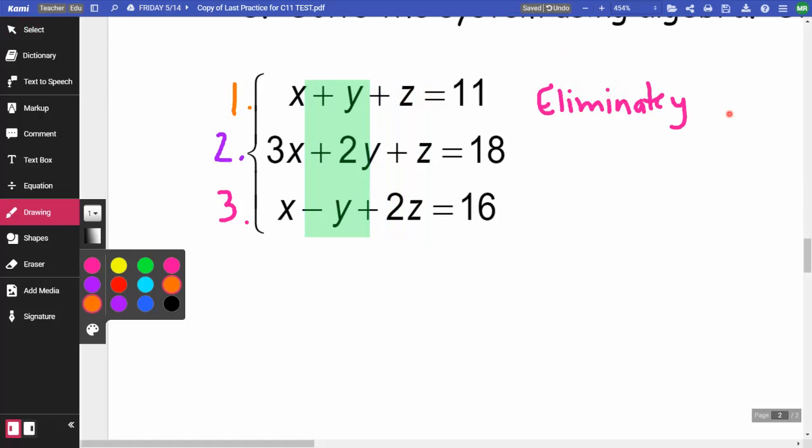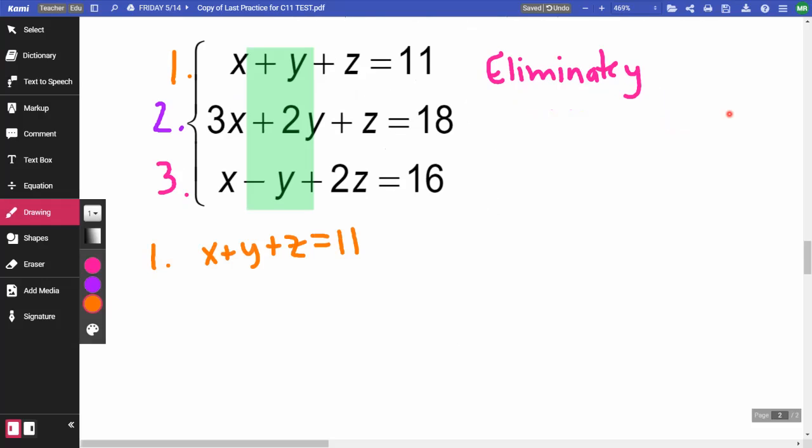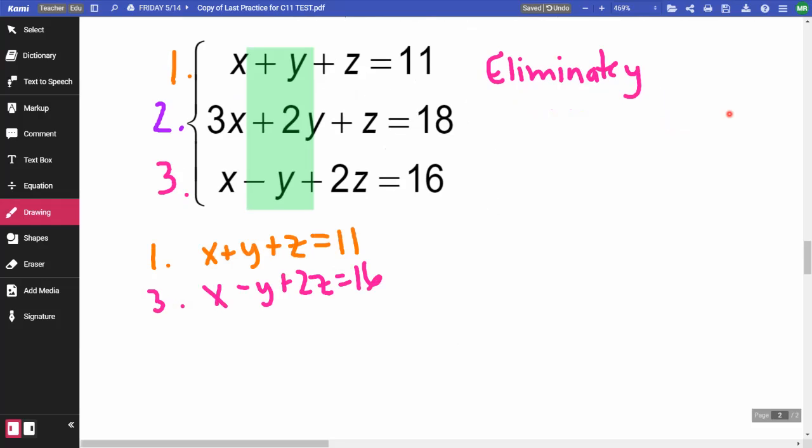So if I take equation 1, which was x plus y plus z equal 11, and I take equation 3, which was x minus y plus 2z equals 16, and I add these up, I get 2x, my y's cancel out, plus 3z is equal to 27. I'm going to call this one equation 4.